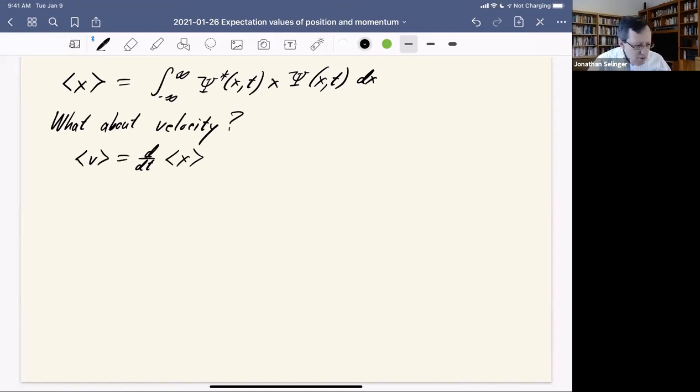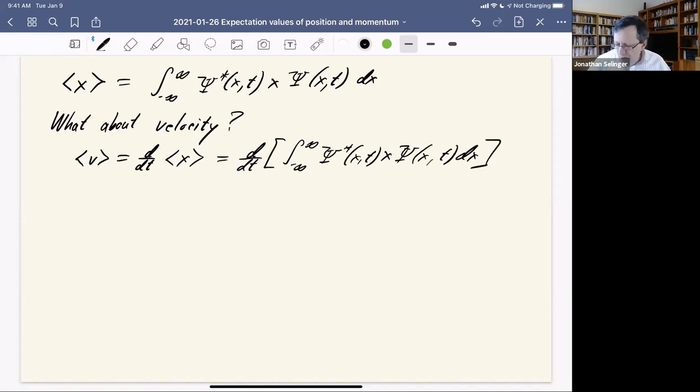So we should be able to calculate it by taking the time derivative of this integral, psi star of x and t times x times psi of x and t dx. Let's take the time derivative of this integral.